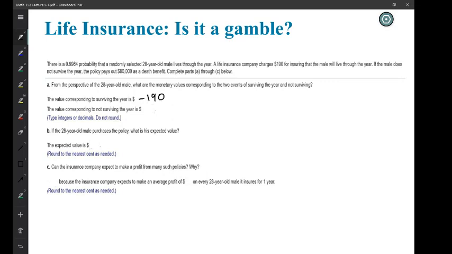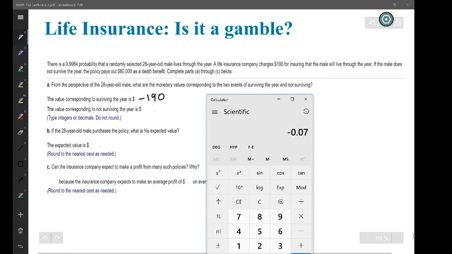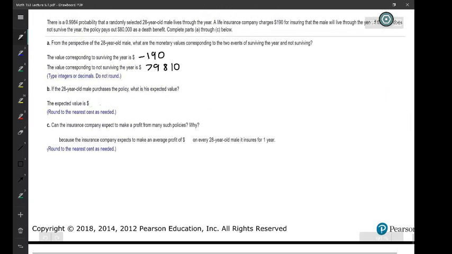Now, what would be the value corresponding to not surviving the year? Well, it would be whatever the payout is, 80,000 minus 190, so $79,810. So, what is the expected value here?